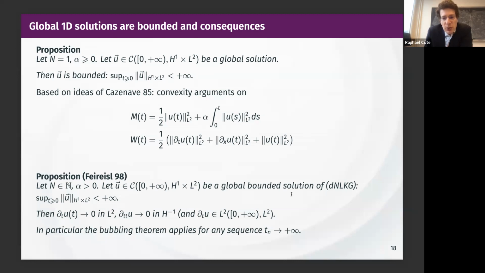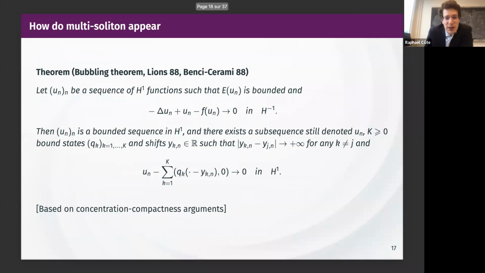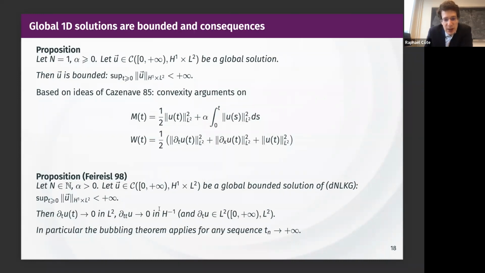It tells you that if you have a global solution bounded in H1 cross L2, as given by the Cazenave proposition, then d_t u tends to 0 and d_tt u also tends to 0, right? So you're exactly in the position where you're looking at the stationary solution plus an error, so you can apply the previous theorem for any sequence, not only one, but any sequence.